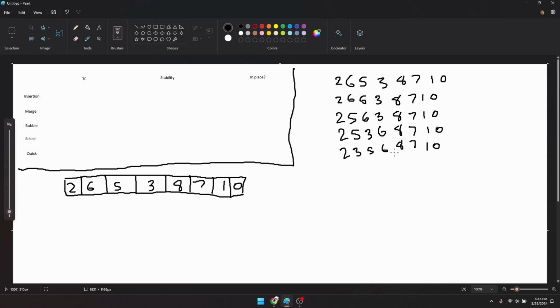And continuing with our algorithm, we're on 8, and 8 is greater than its left neighbor, so we don't have to do anything for 8. And now we're on 7, and 7 is less than its left neighbor, so we will move 7 over once.